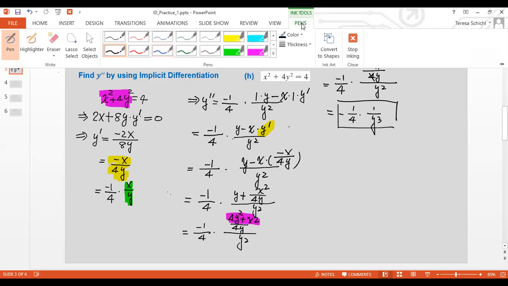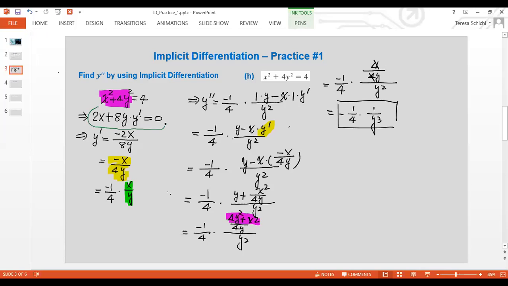So let's take a look at this one here. Let me tell you what I mean. This is your first derivative, right? You took here. You can do either way, it doesn't matter. It depends on which way you feel more comfortable. So this is 2x plus ay prime equal to 0, right?